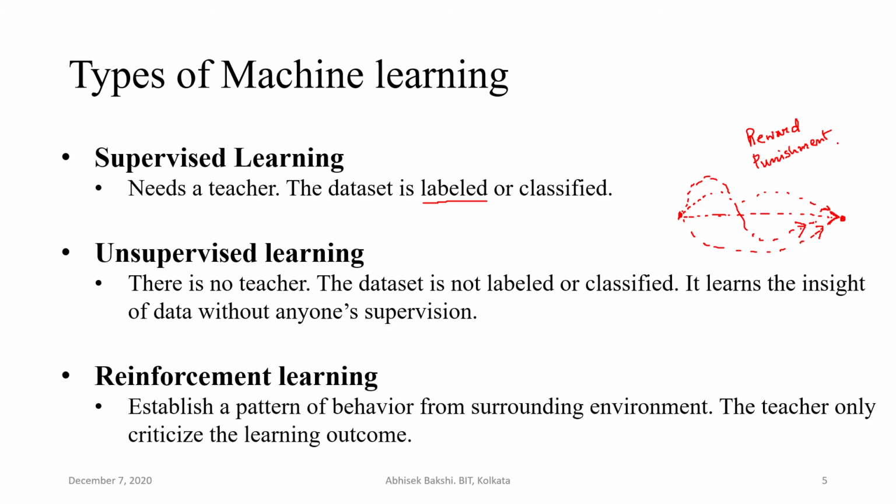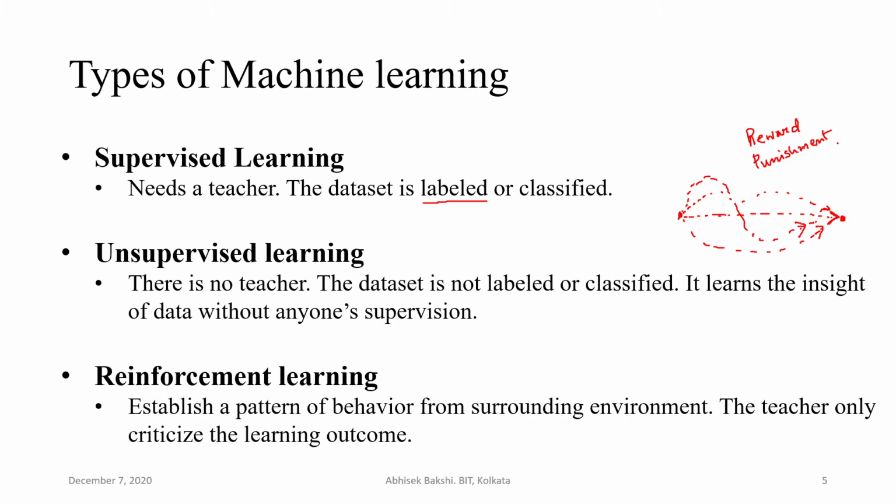Now the point is that the child has to collect the maximum reward to reach the point. Now how will he collect this maximum reward? Collecting the maximum reward in one chance is almost not possible.